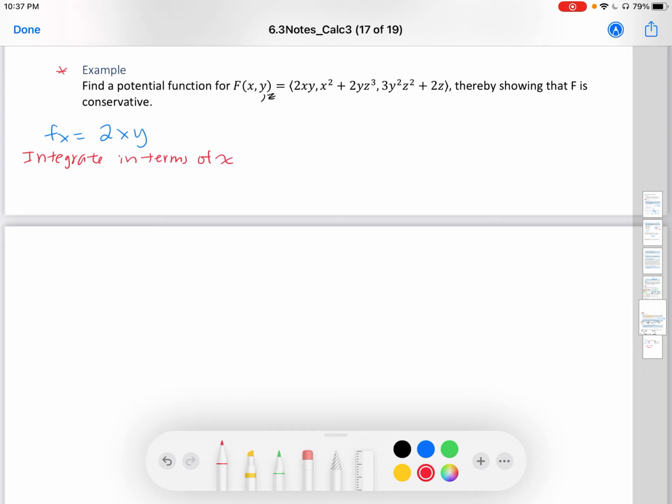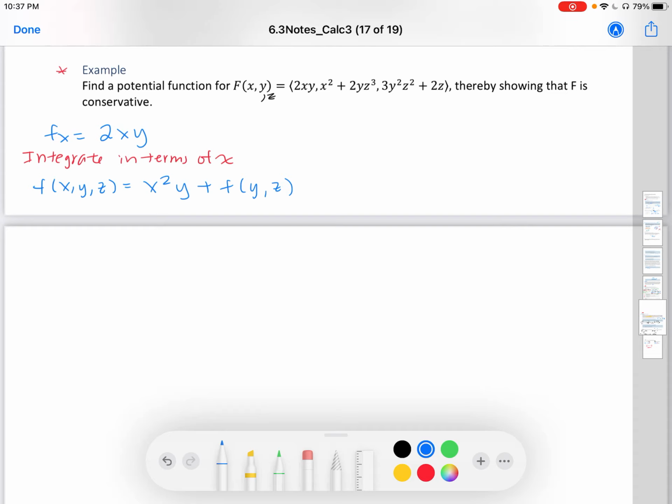So that if we do that, we have f of x comma y comma z is equal to x squared y plus, we don't write plus c because we have 2 other variables, so we write those 2 other variables instead. So we have h of y comma z.